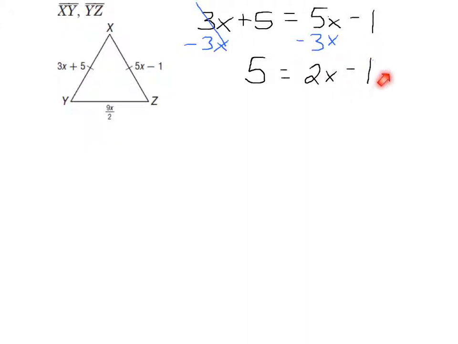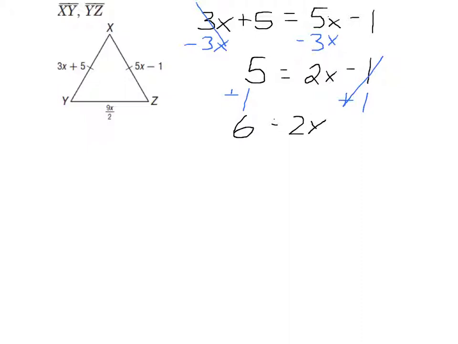I want to get rid of this negative 1, and to do that, I'm going to add 1 to both sides. That eliminates the minus 1 on the right and leaves me with 6 on the left. So I have 6 equals 2x.